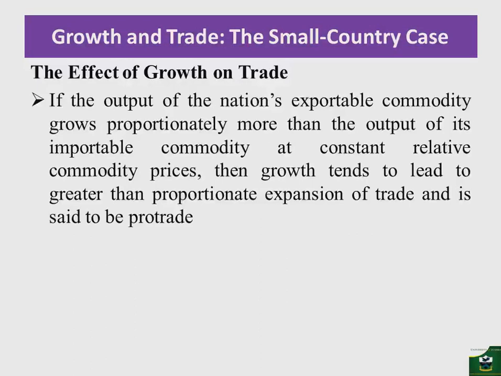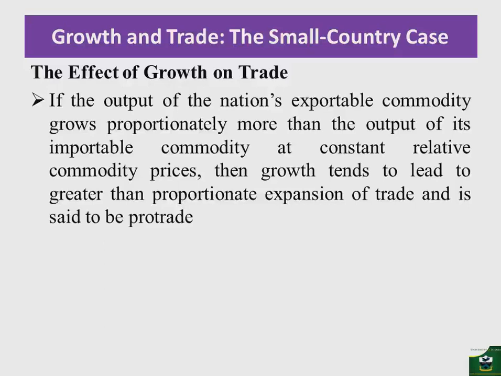Now, what we see here is that if the output of a nation's exportable commodity grows proportionately more than the output of the importable commodity, it means that the nation will now be able to export more units because it has produced more of the exportable commodity. That is the commodity of its comparative advantage. And as such, it will be able to export more units to the other country.